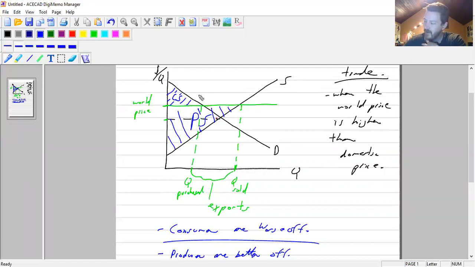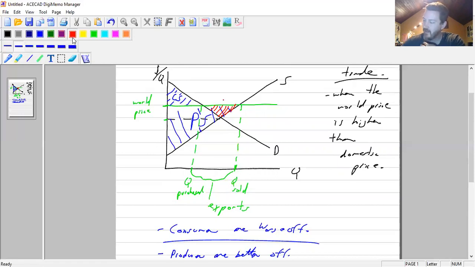Just look at this part of the picture. This part of the picture used to be consumer surplus, and now it's been transferred over to producer surplus. So that's a wash. That has just gone from consumers to producers. It's this area here, this area that I'm crossing in blue and red together.